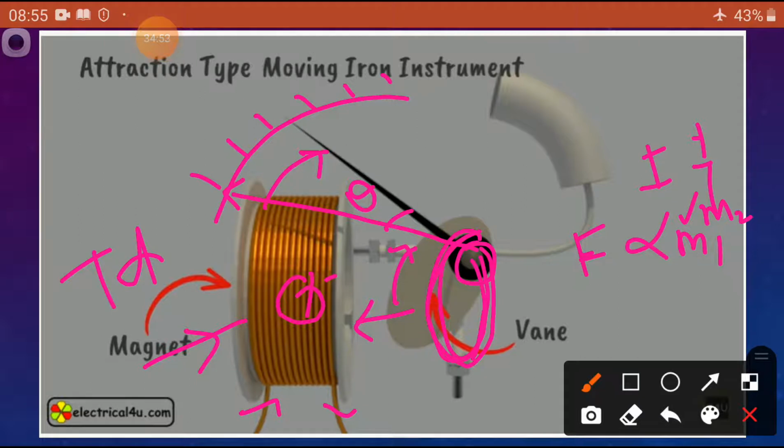So the magnetization of this iron piece and the electromagnet of this coil play a vital role in Td.